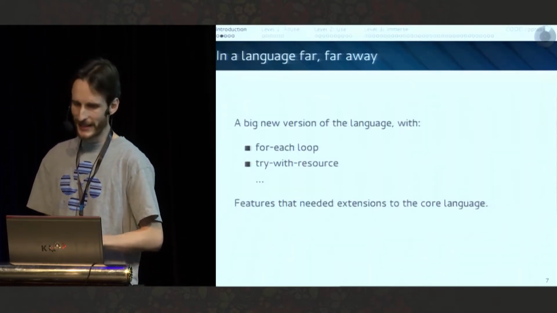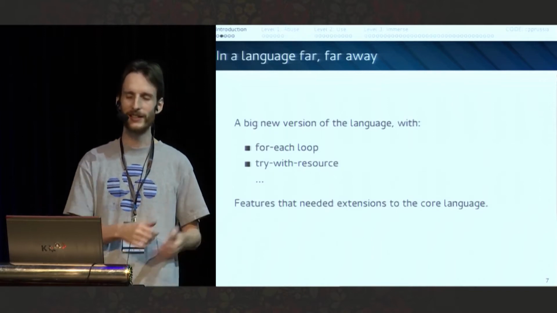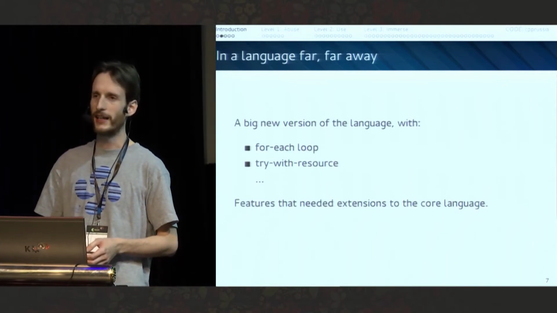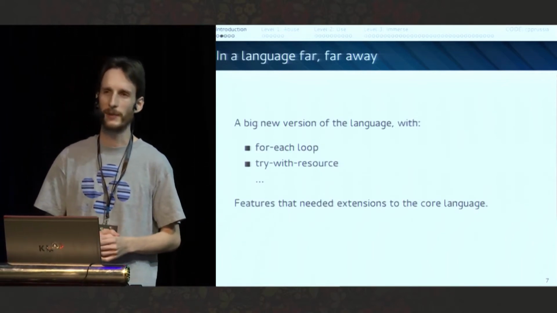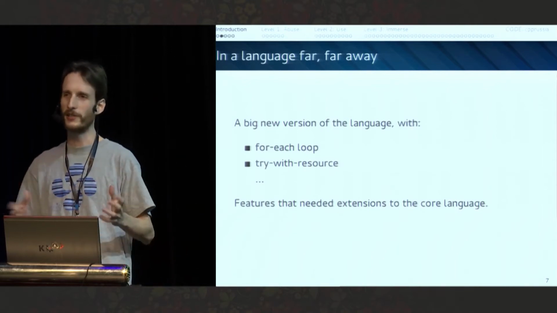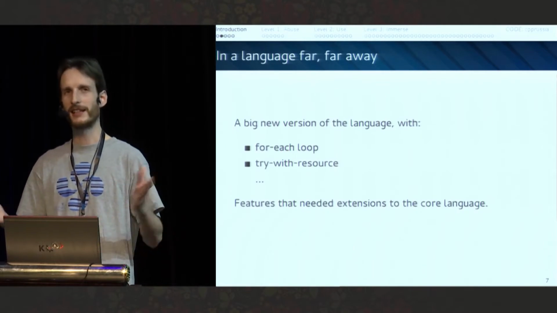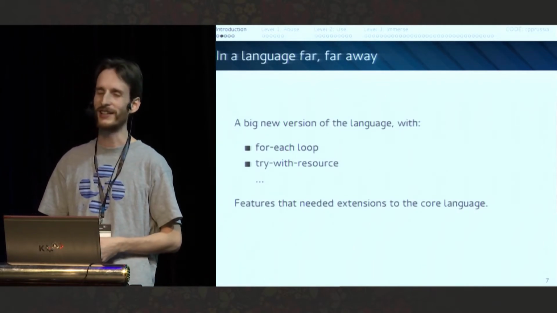So in some version of that language, after I already got fed up with it, they had a huge marketing campaign. And they said, okay, this version will be the best version of any programming language. We added a for-each loop to it. We added try-with-resources, which automatically frees your data when you exit a try-catch block.